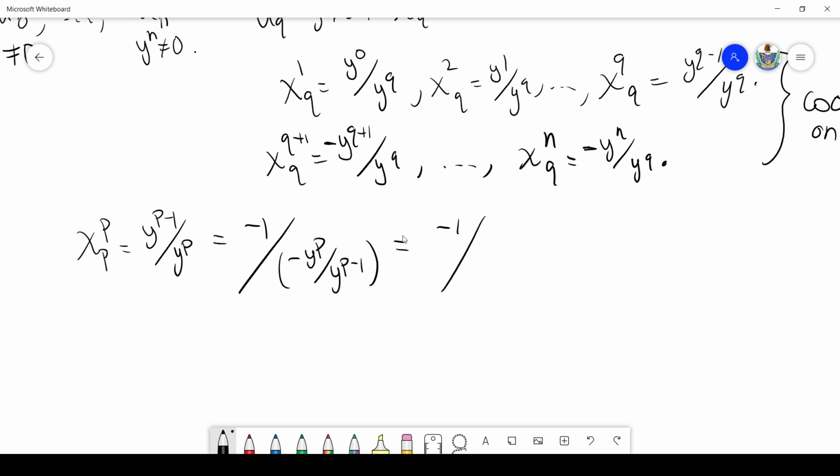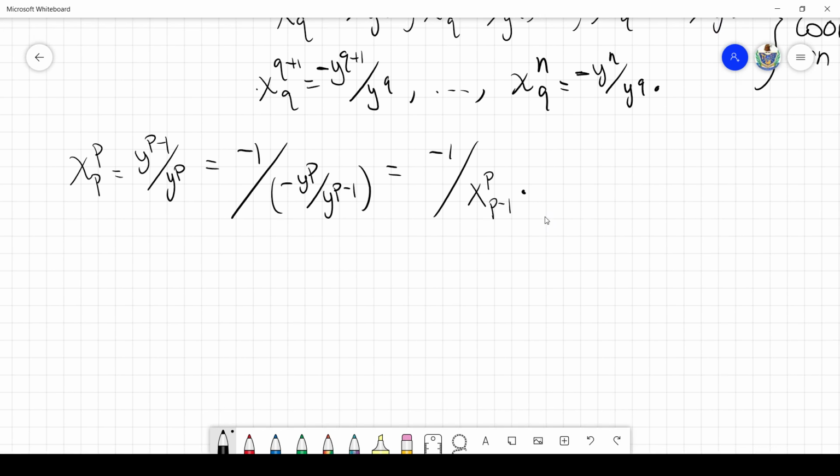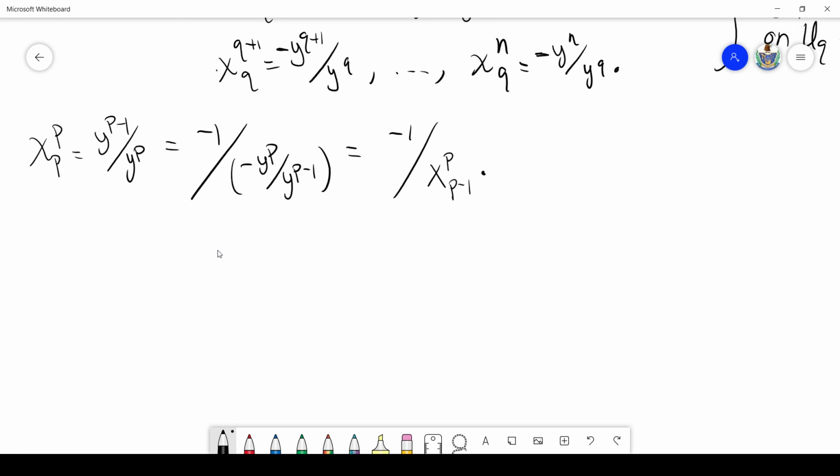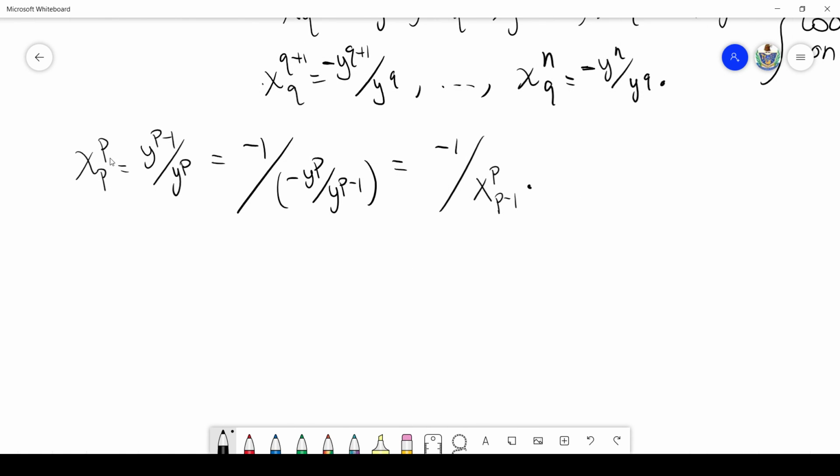And now yp over yp minus 1 is, if we use this thing here, going to be xp p minus 1. So basically what we've done is we took xpp and rewrote it in terms of xp p minus 1.